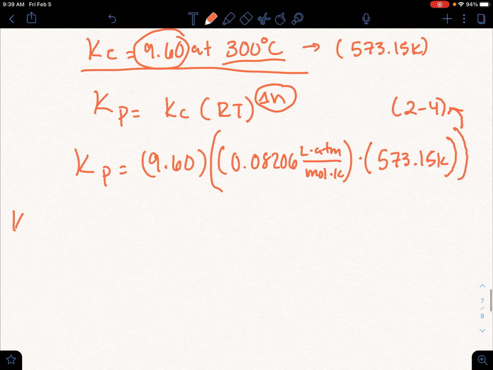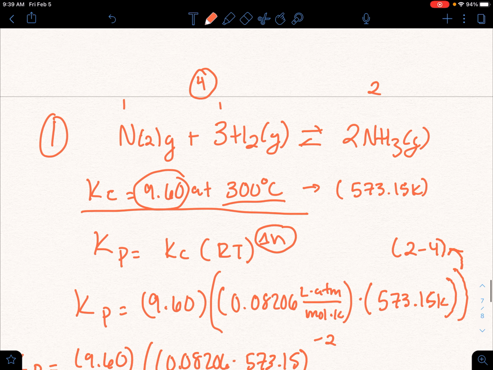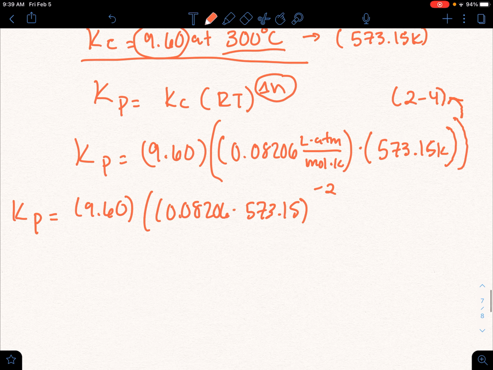So let's rewrite this so it all makes sense. 9.60 times 0.08206 times 573.15, raised to the -2, right? It's 2 minus 4. Remember how I calculated that, right? We're summing up our moles in the reactants, we're summing up our moles in the products, and we're doing products minus reactants. 2 minus 4 is -2.